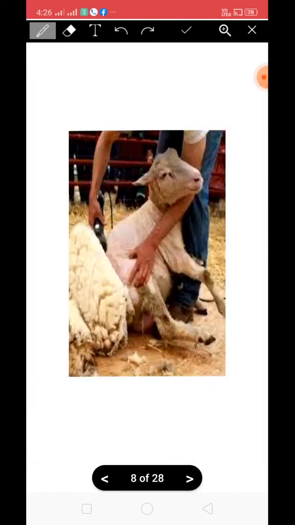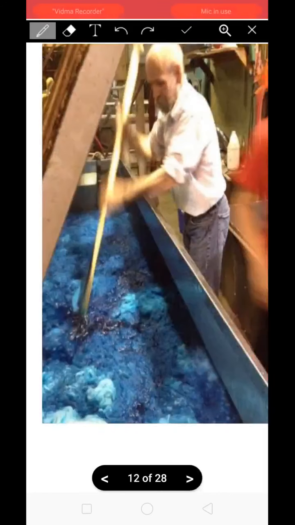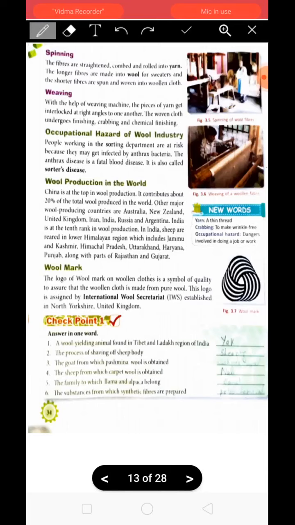Or you can also write it from page number 34. It will be better. Understood? In India, sheep are reared in the lower Himalayas region, which includes Jammu, Kashmir, Himachal Pradesh, Uttarakhand, Haryana, Punjab, along with parts of Rajasthan and Gujarat. This is your answer for question number 1.